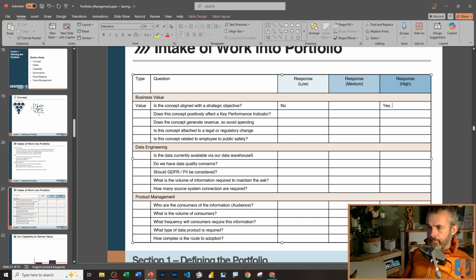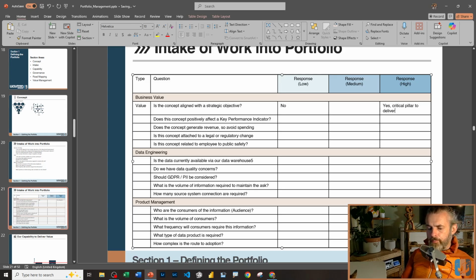And actually, a medium response would be yes, but the high response could be yes, it's a critical pillar to delivering on an objective. And the medium one could be that it's a contributor.